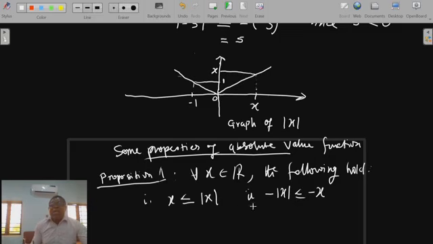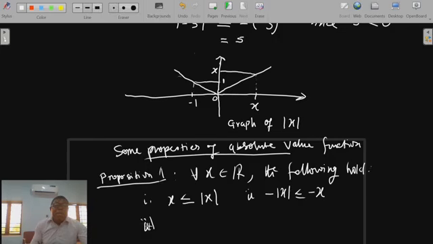Of course, this one trivially follows from this one by multiplying both sides of the inequality by minus 1. And in that case, the inequality reverses. So the major job should be to get that 1 holds.